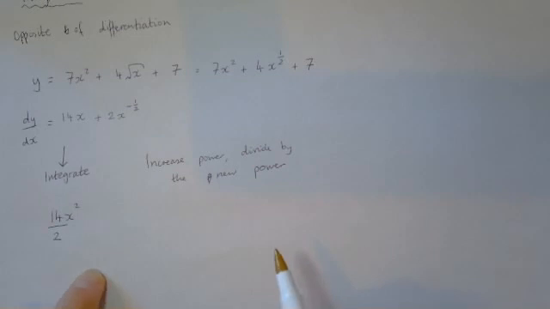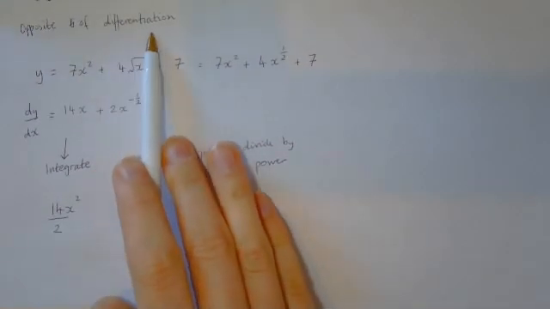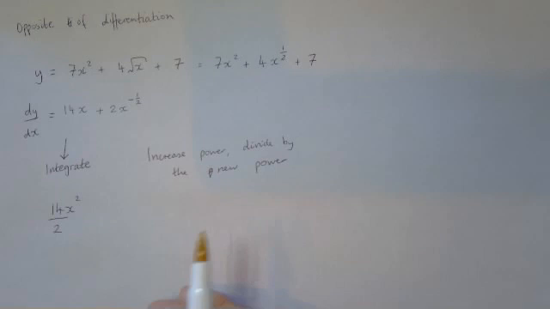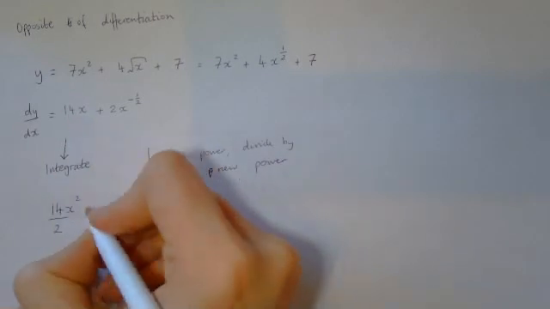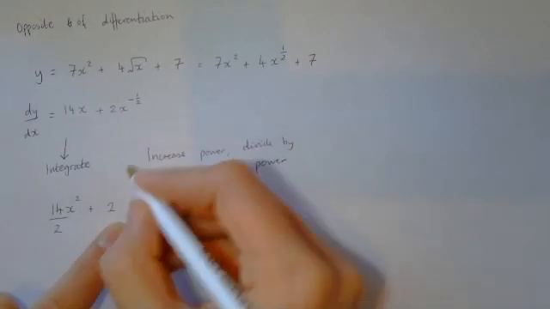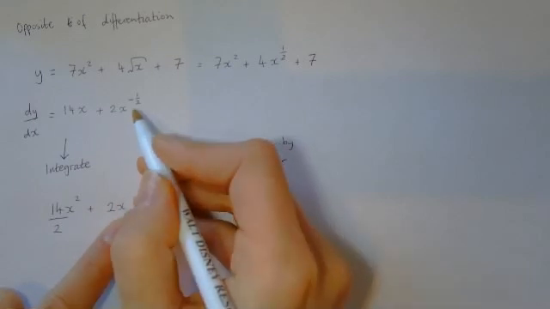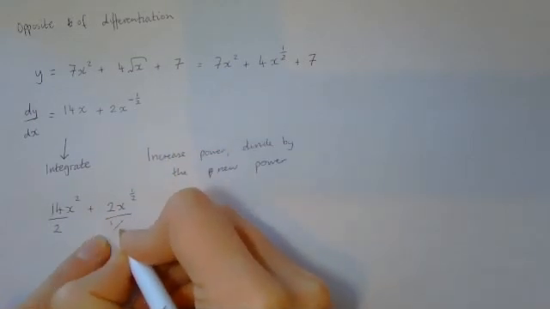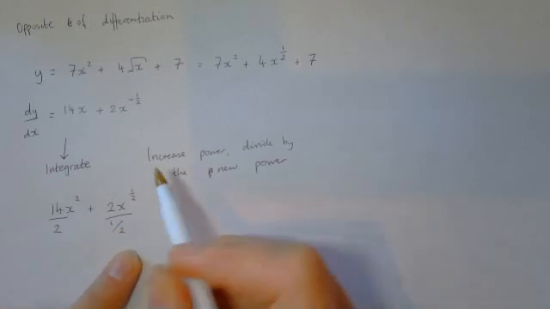Now, I find it quite nice to remember that differentiation starts with a D for decrease, integration starts with an I for increase. So now let's do this one. I always leave this number alone in my first line. So I increase the power. So I was on minus a half, so I add 1 to the power and then I divide by the new power.